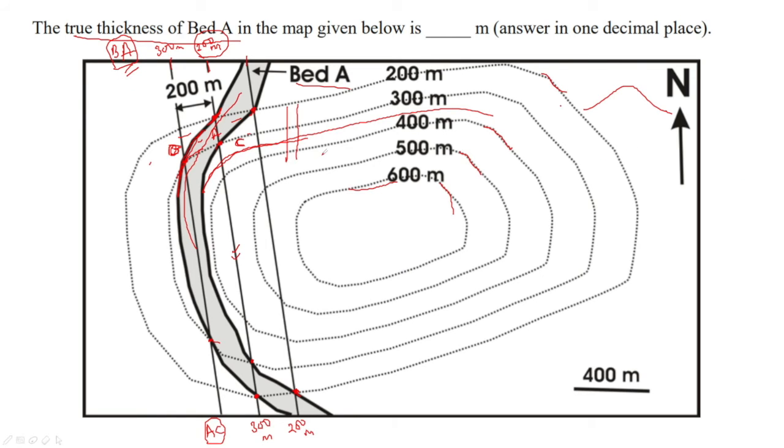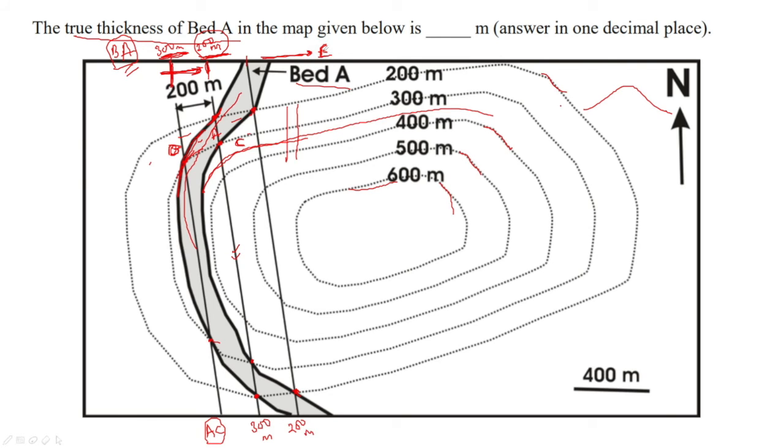So now you can see here that for the B and A contact, the 300 meter stratum contour is this one, and the 200 meter stratum contour is present in this direction. So we know that the dip direction is this, which is around east.